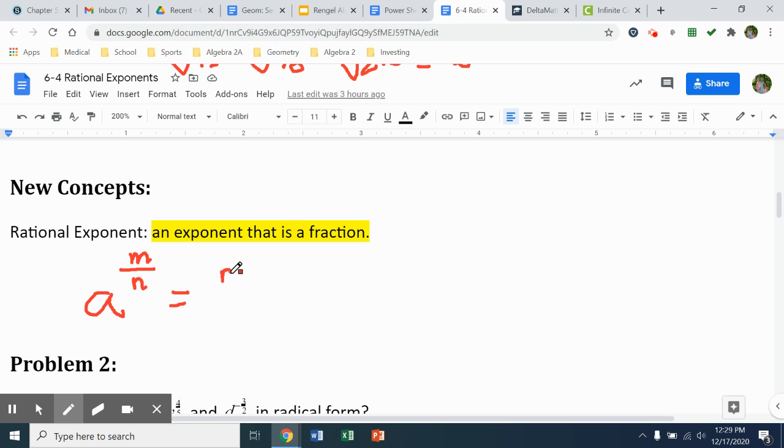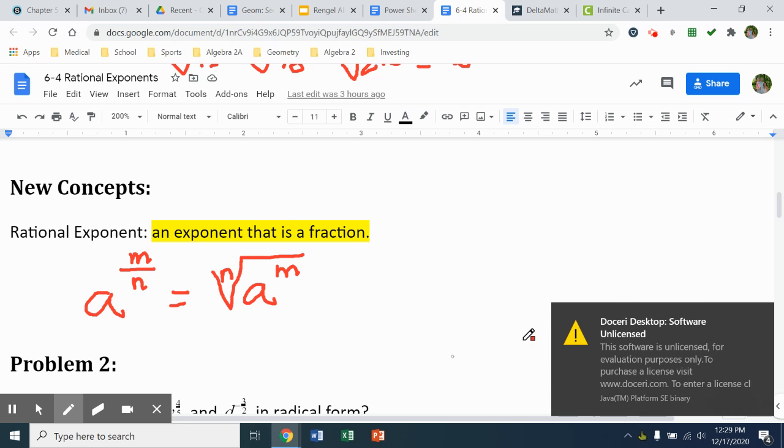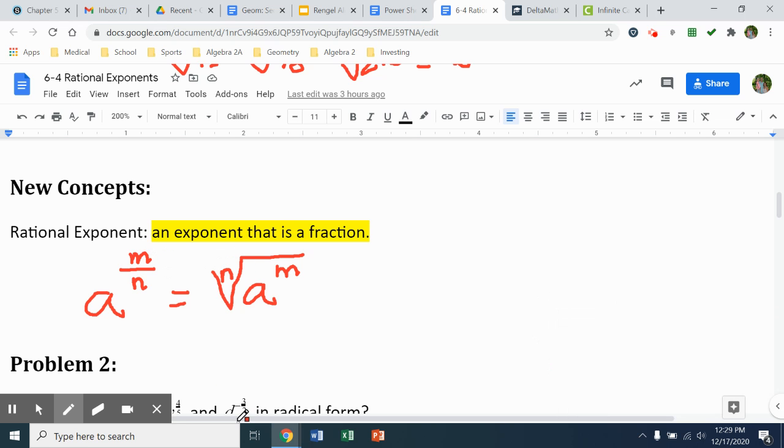So the same idea, that denominator becomes the index of our radical, and the power is raised to whatever the numerator is underneath your radical. So your rational exponent, this fraction m over n, the n represents your index of your radical, and the m is going to be the power that your base is raised to underneath the radical.